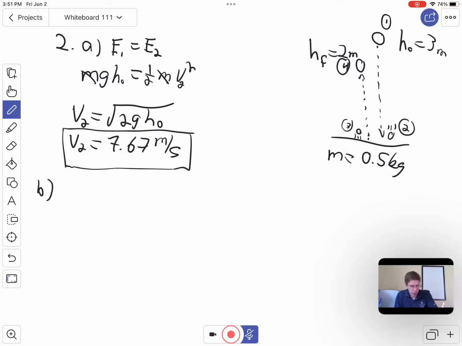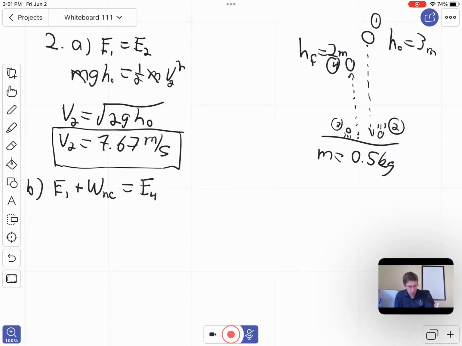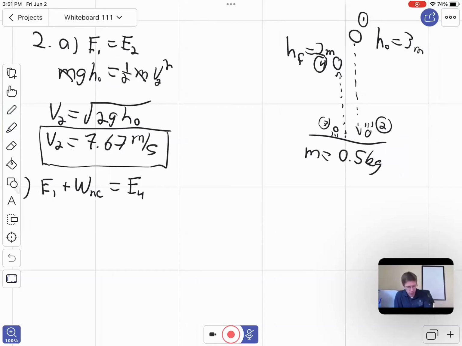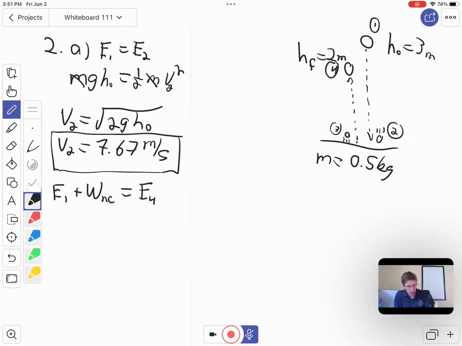So if we look and we say, okay, well, the energy at point 1 plus any work non-conservative, outside forces that take away energy, will be equal to our total energy at the very end at point 4. And this work non-conservative right here, that is going to be the work thermal, or the energy that's turned into thermal energy. So that's the thermal value that the problem's talking about.